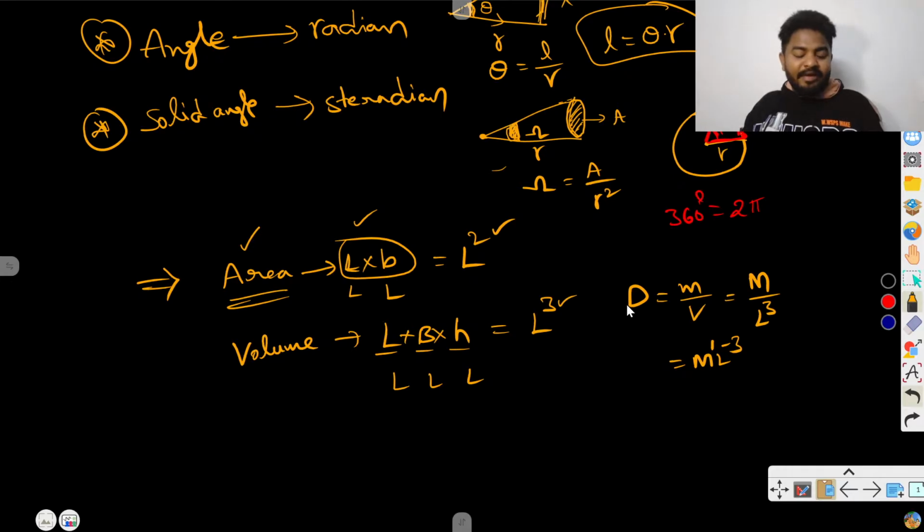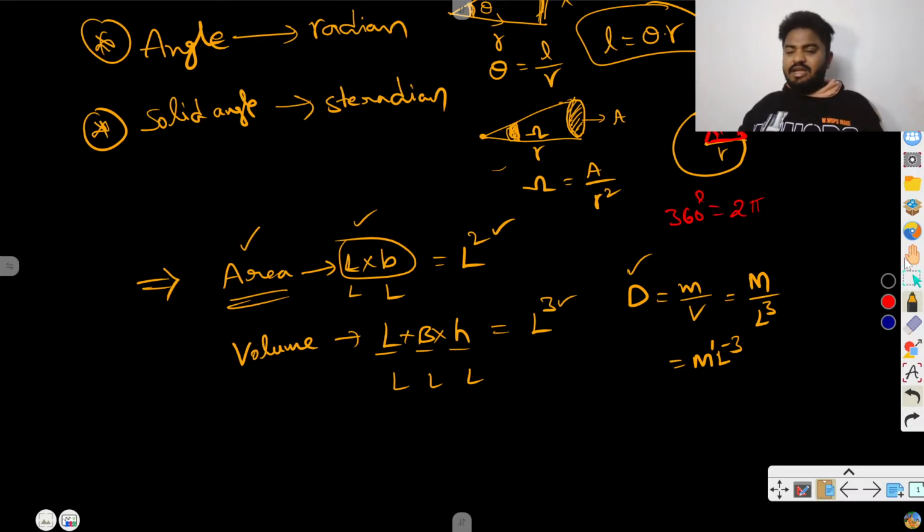To derive the density, I have used mass 1 time and length minus 3 times. So by using these dimensions, I got density. These two are the fundamental physical quantities, raised 1 time and minus 3 times to represent the density. Clear? So this is about the dimension formula.